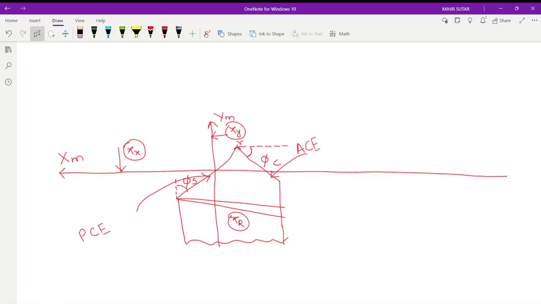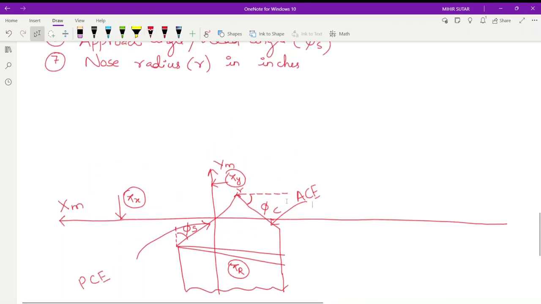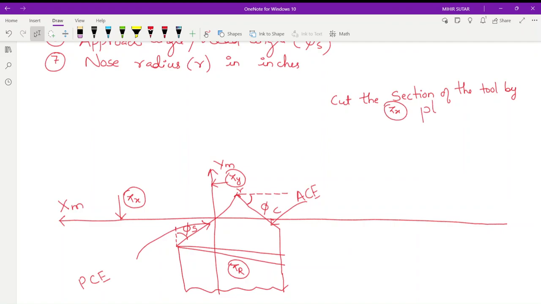We will cut the section of the tool by the pi x plane. So what we will get?